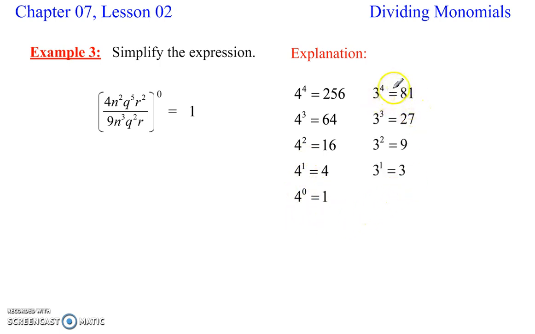Same thing with 3's, right? Divide by 3, divide by 3, divide by 3. Divide that by 3 again. We're at 3 to the 0 power. That is 1. Same pattern here. Divide by 2, divide by 2, divide by 2. Divide by 2, we're at 0, and that's 1.